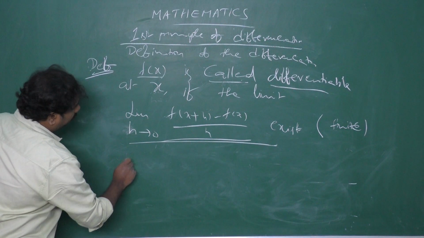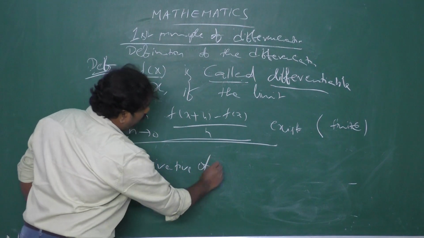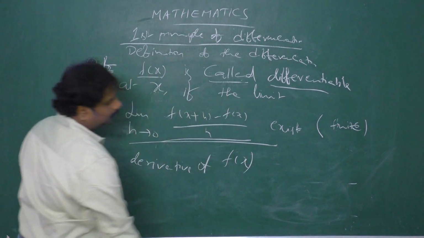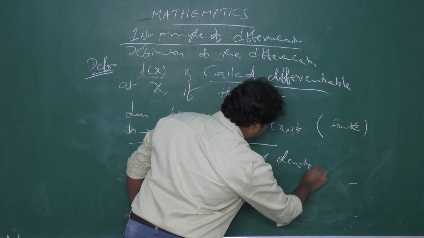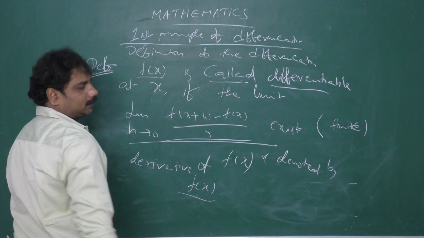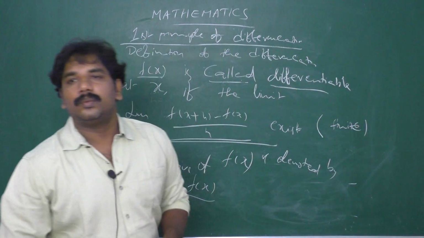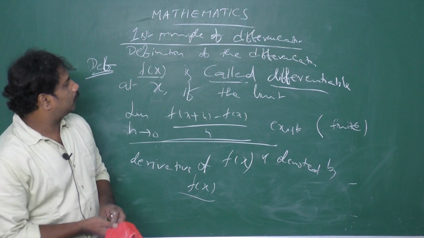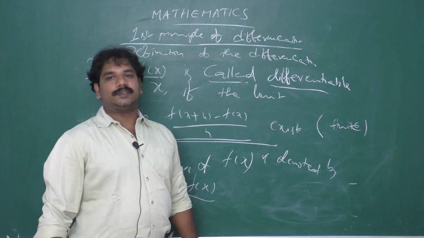And this derivative of f of x is denoted by f dash x. If the limit exists only, we can apply the first principle for finding out differentiations of the given functions.